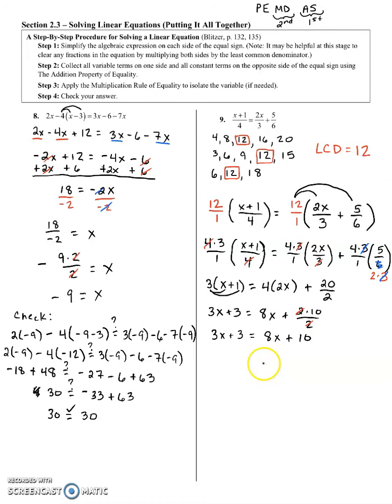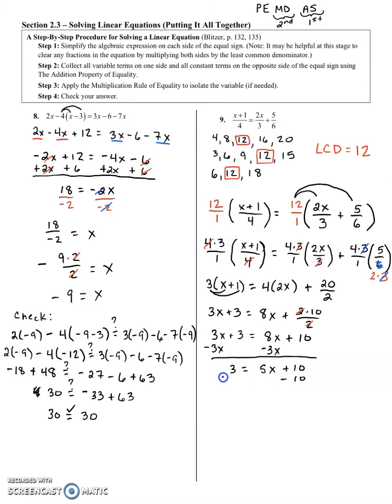And now we're back to applying first the addition property of equality. So subtract 3x, subtract 3x. We'll do this in 2 steps again. So we have 3 equals 5x plus 10.